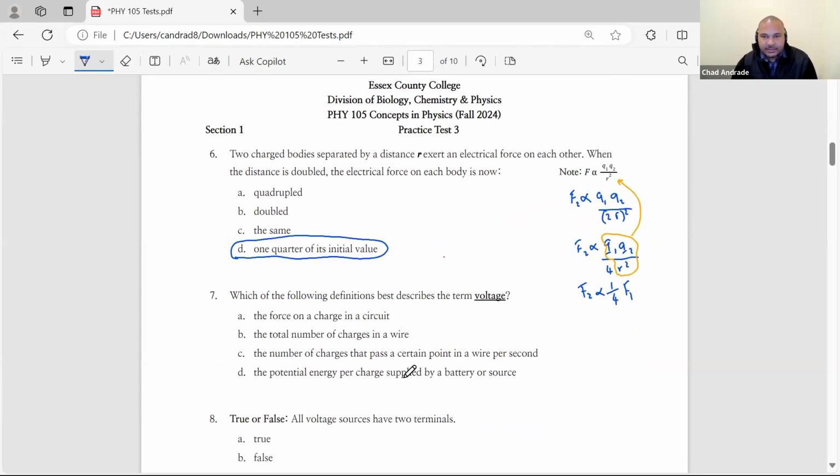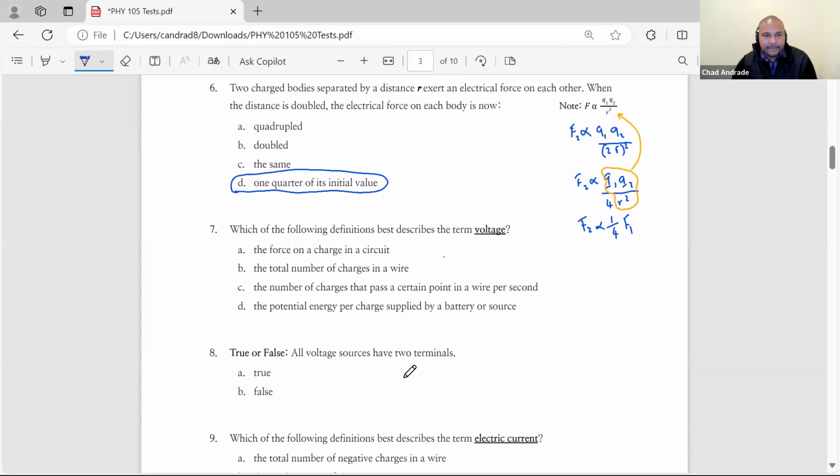All right. So I'll leave that right there for a little. Question 7 says, which of the following definitions best describes the term voltage? Is it the force on a charge in a circuit? No. Is it the total number of charges in a wire? No. Is it the number of charges that pass a certain point in a wire per second?